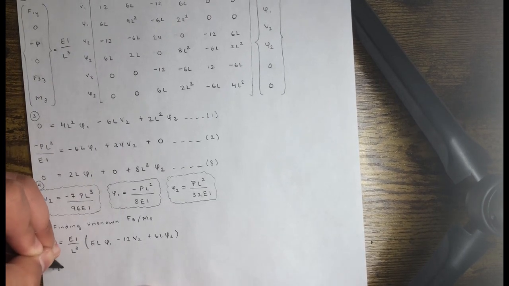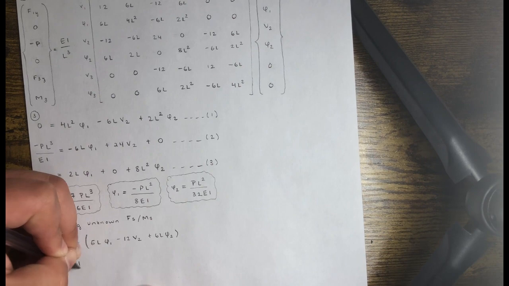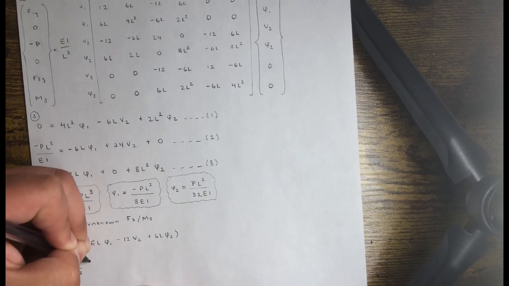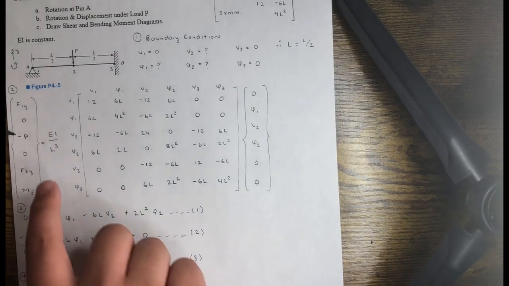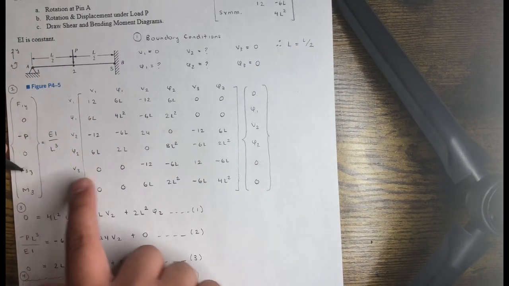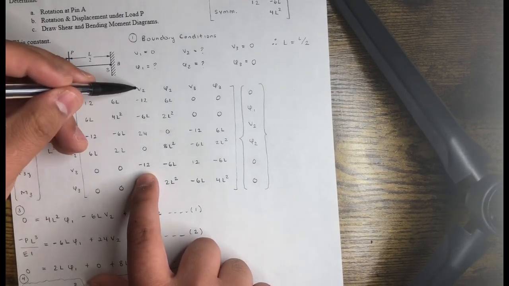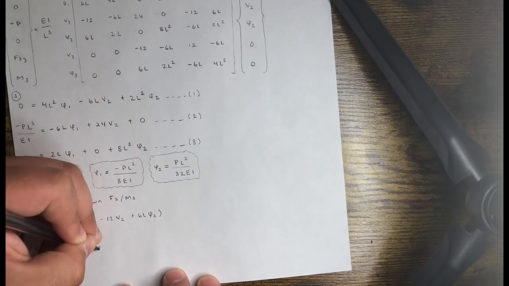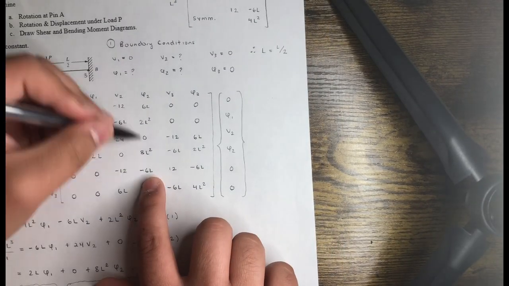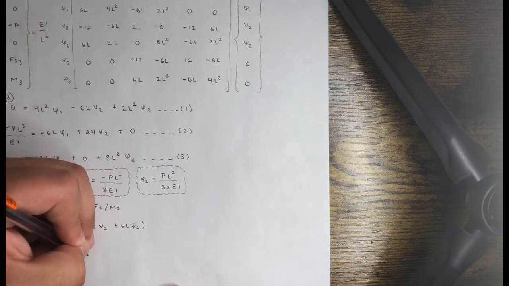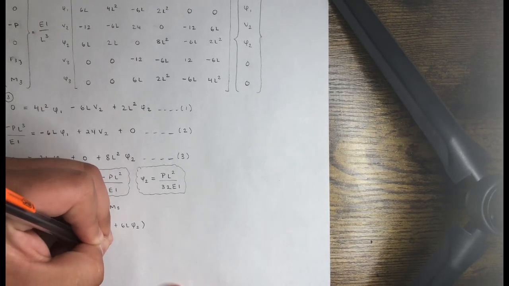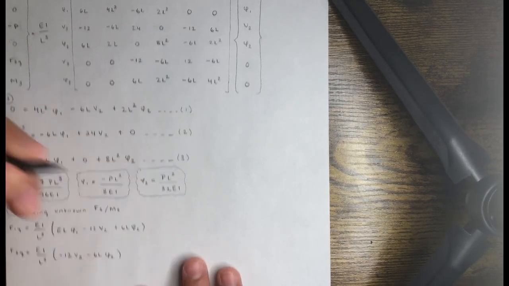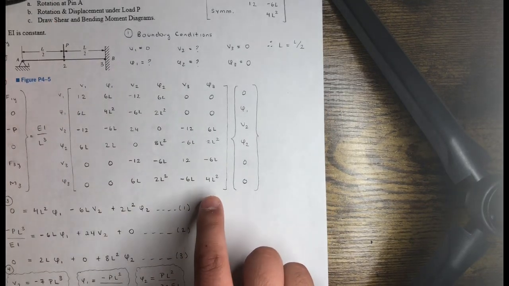F3y, same thing, right? EI over L cubed. We're going to have this equation right here. So -12 v2 minus 6L phi2. And that's it, right?